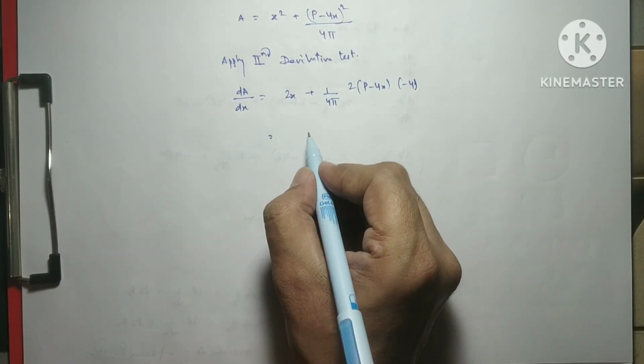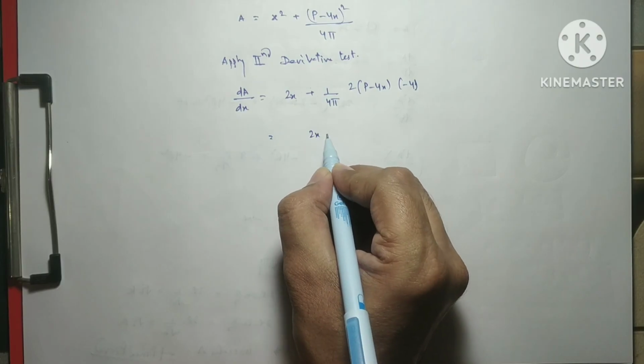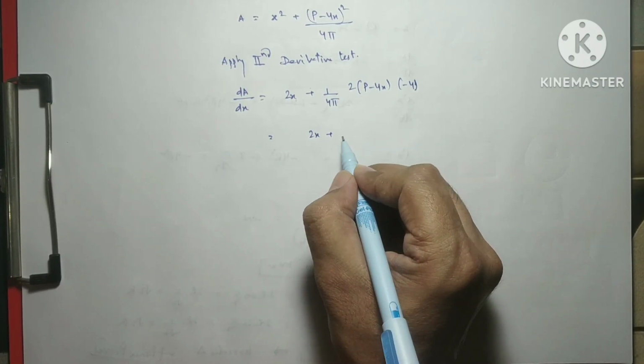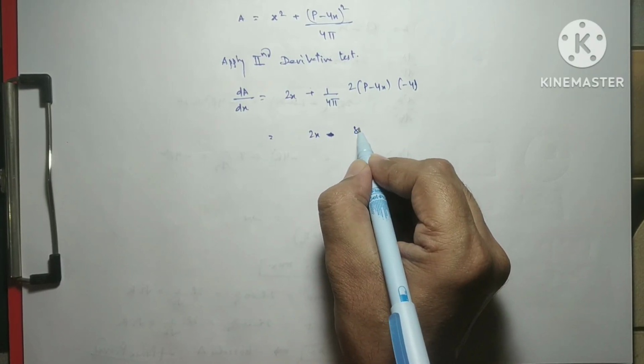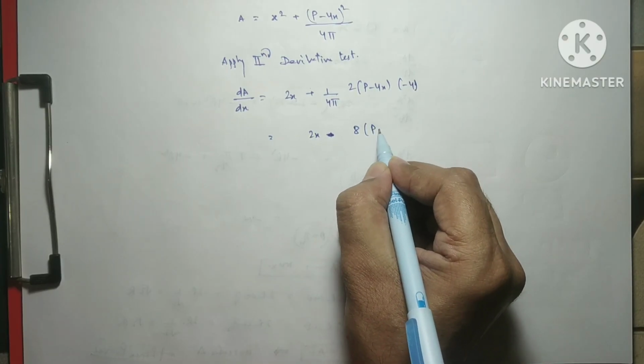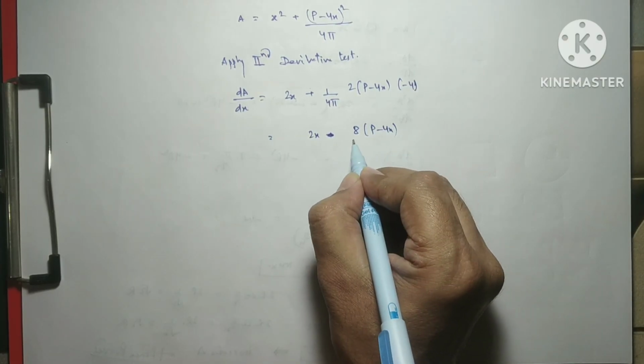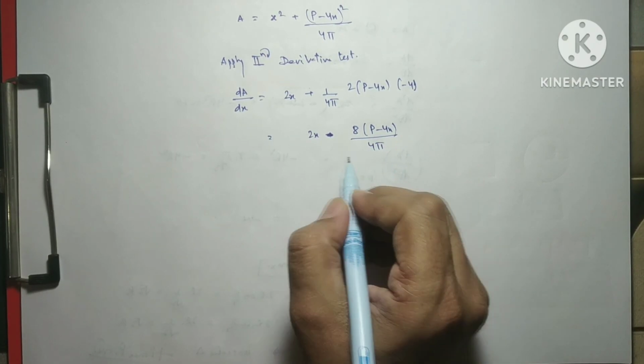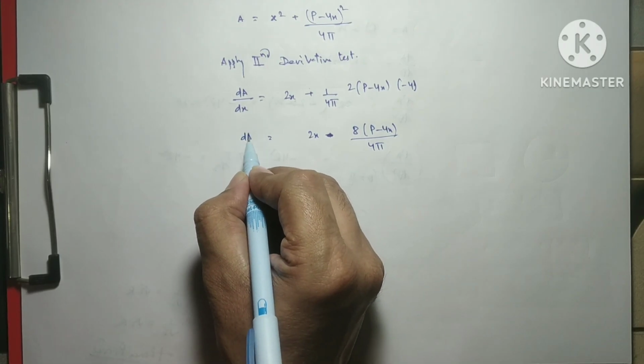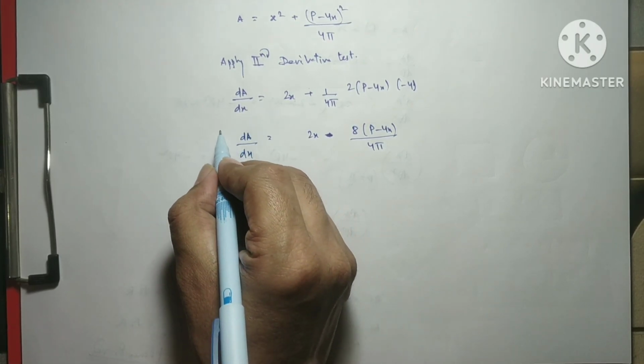So it will be 2x plus, it is minus 8 into p minus 4x over 4 pi. So this is dA over dx.